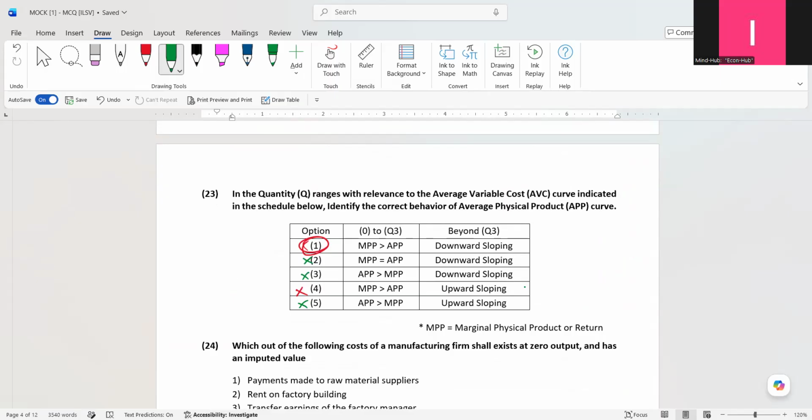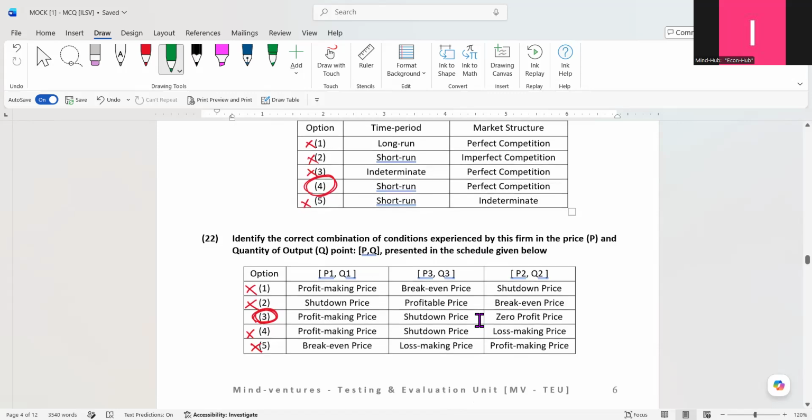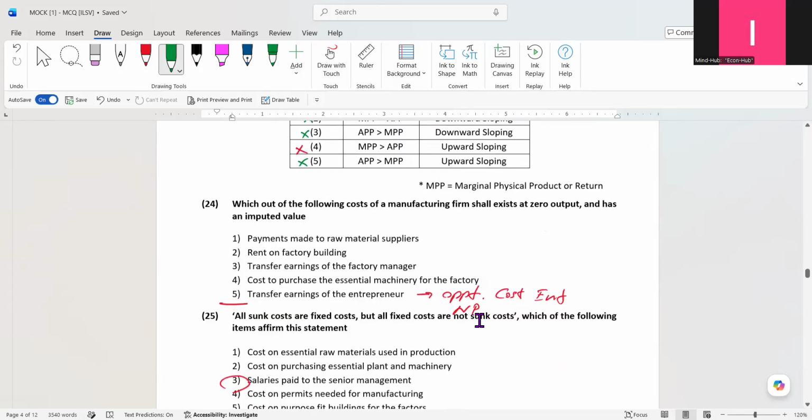Yeah, correct answer is number 1. When you are less than Q3, marginal product is above average product. And after Q3, both marginal product and average product are downward sloping. Answer number 1. So the key was this diagram. We learned tools for these also, right? 22, 23, done.